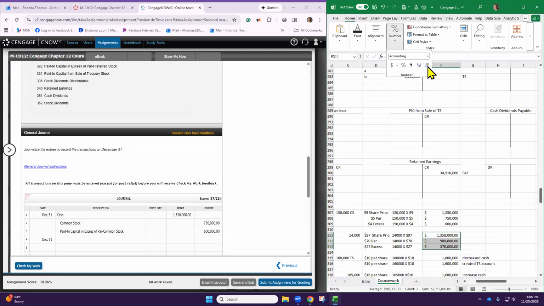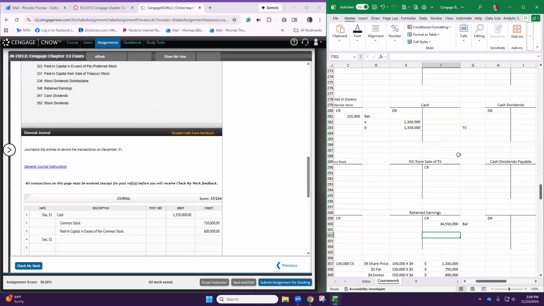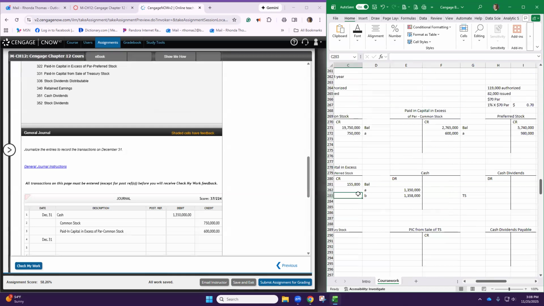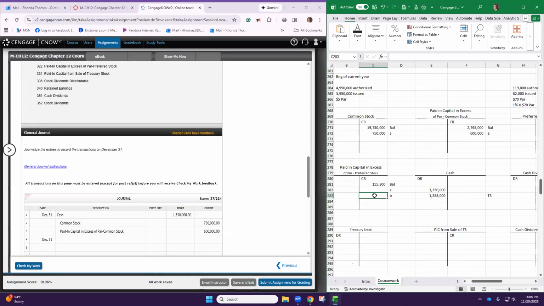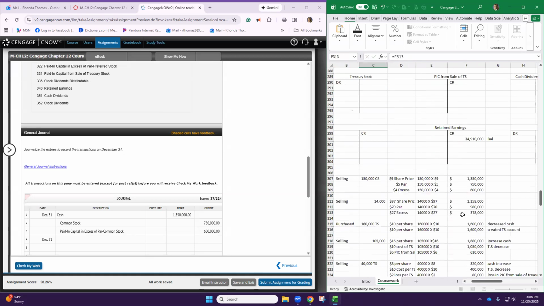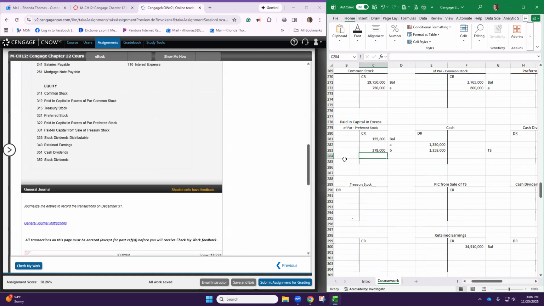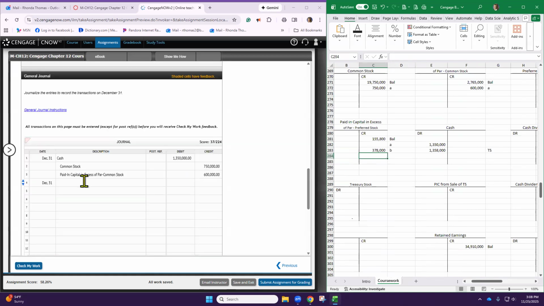Then the offset goes to preferred, which equals the amount right here. So let's do cash.